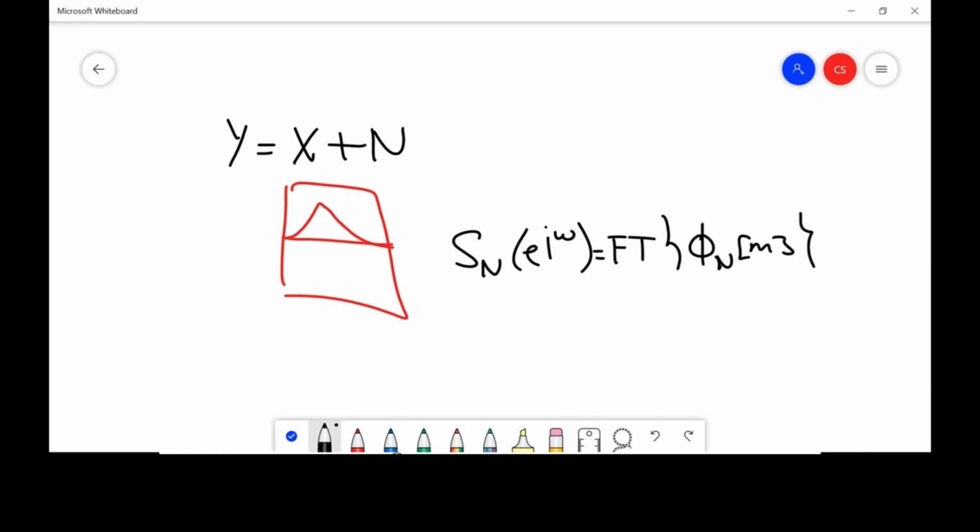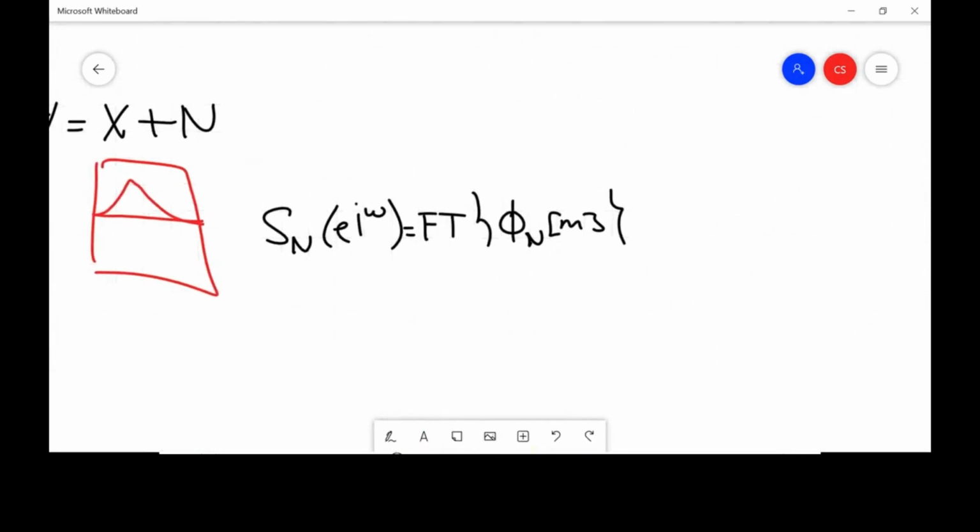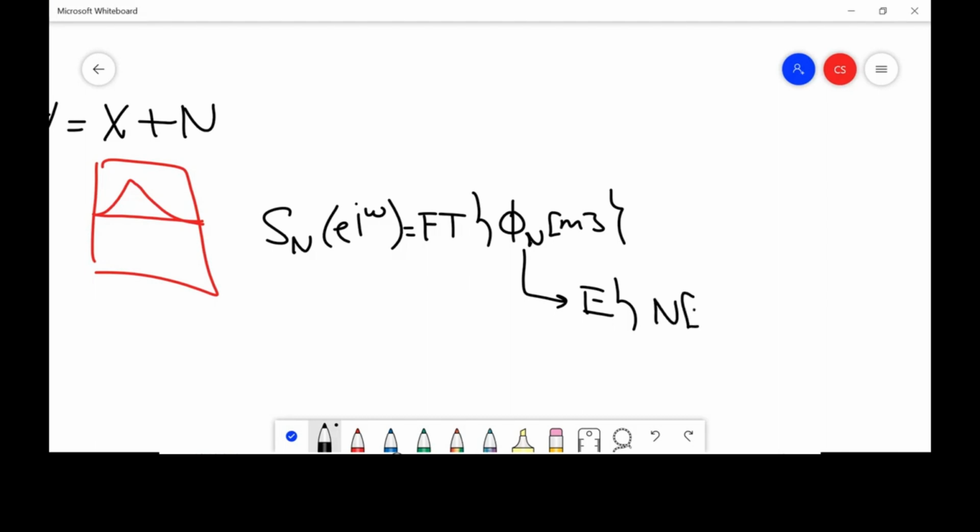This is the lag. But what is the autocorrelation function? The autocorrelation function is the expected value of n evaluated at n and evaluated at n plus the lag.